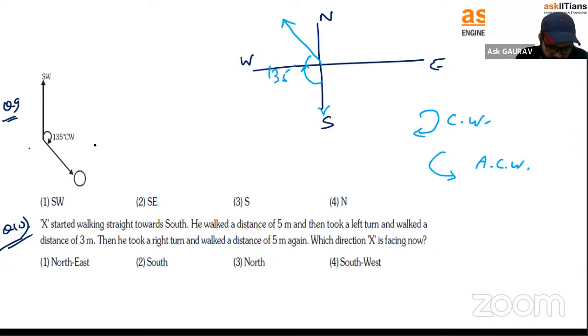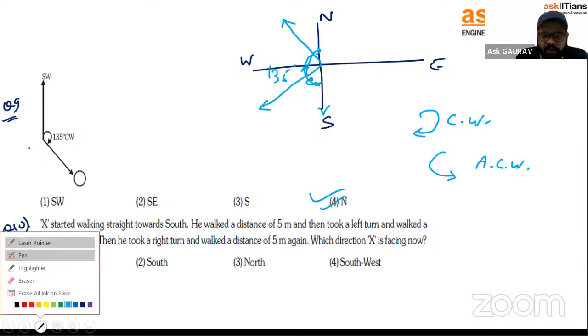No option is there. Oh, yeah, sorry. This is southwest. I have a zoom. You are at southwest, going for the 135. So you will reach north. So the fourth option will be right. I had read it as south.